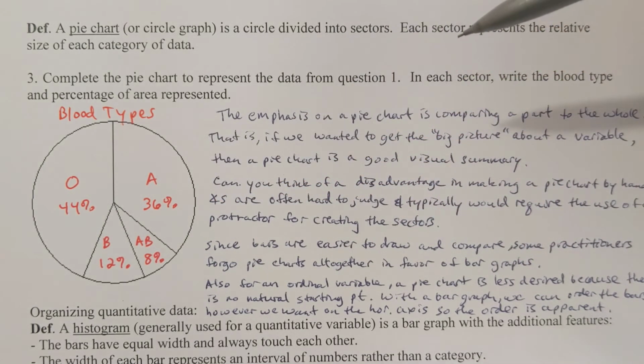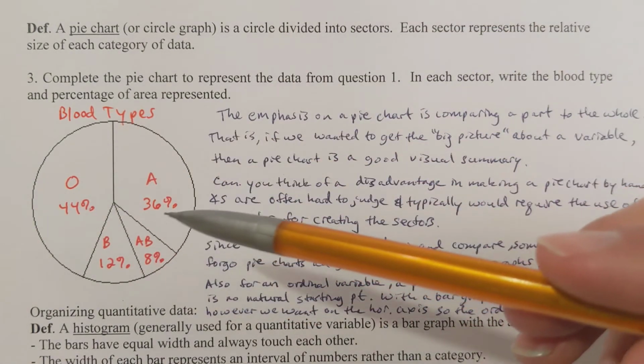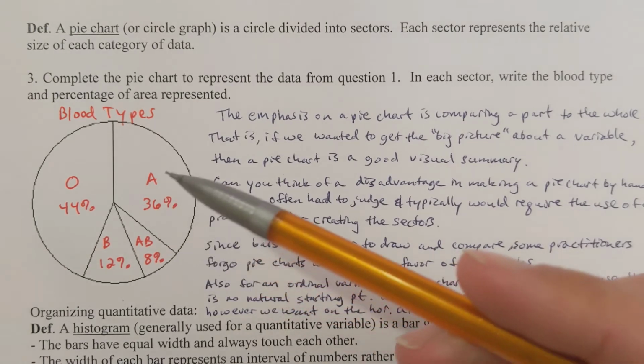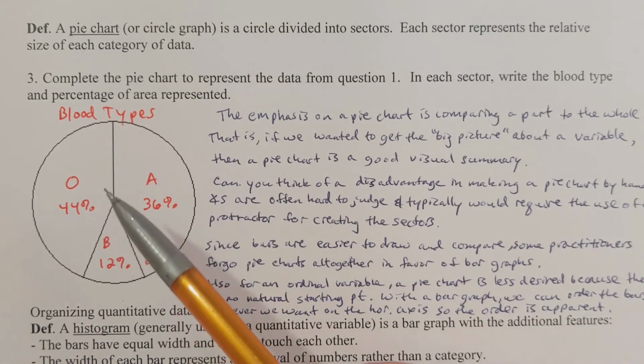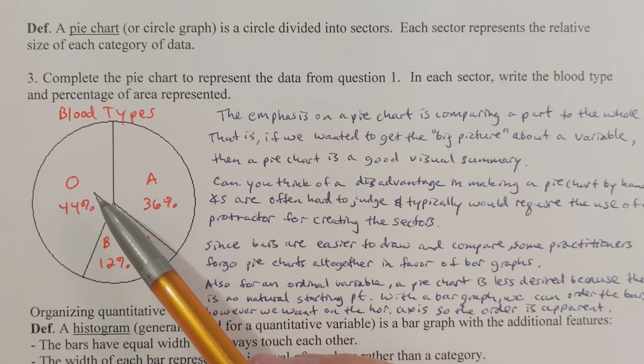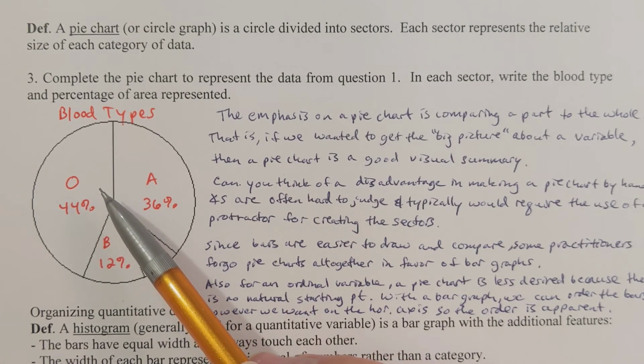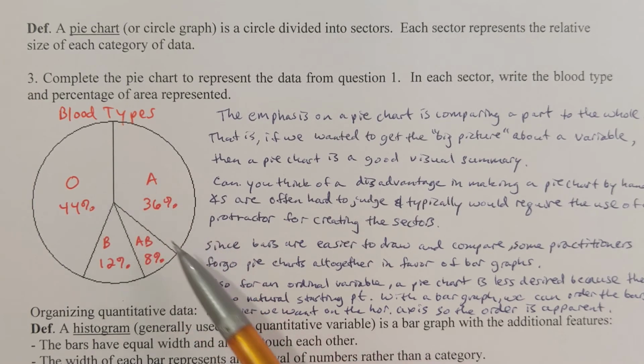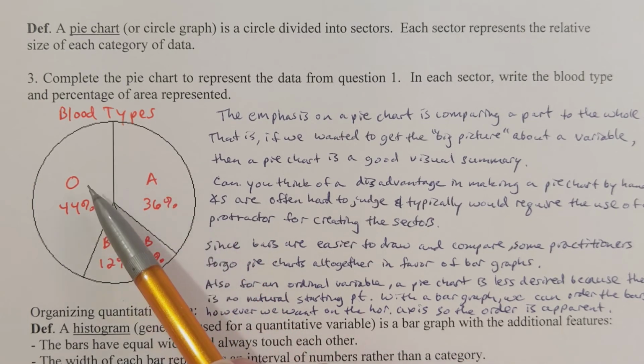I've already got this drawn out. I used a computer to do that. So the biggest sector would be for blood type O, and 44% of the sample had blood type O. Excuse me.